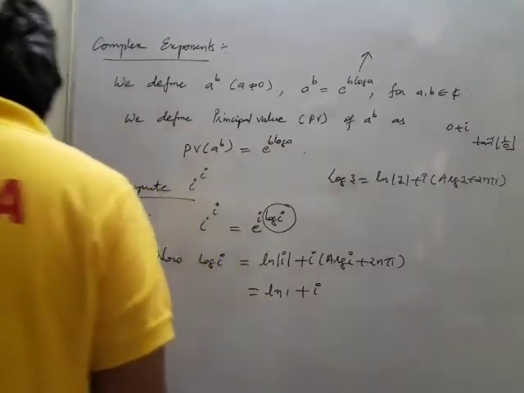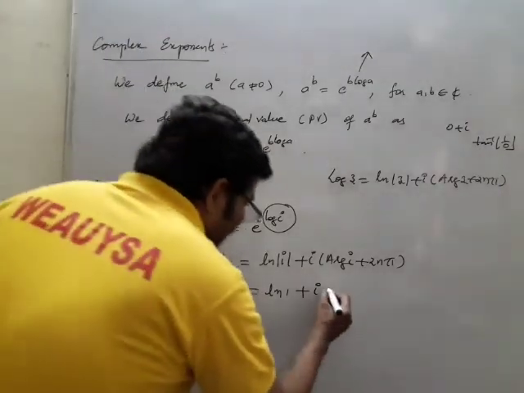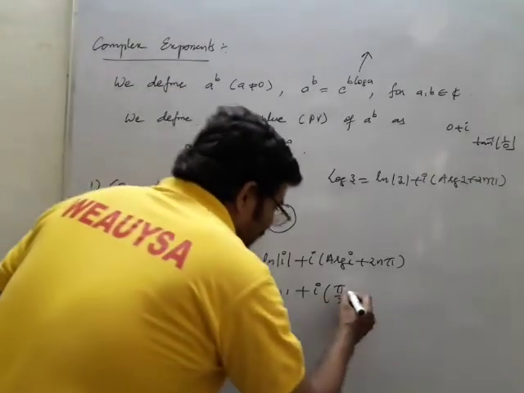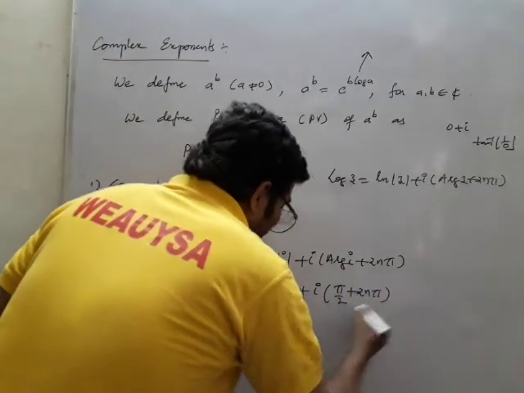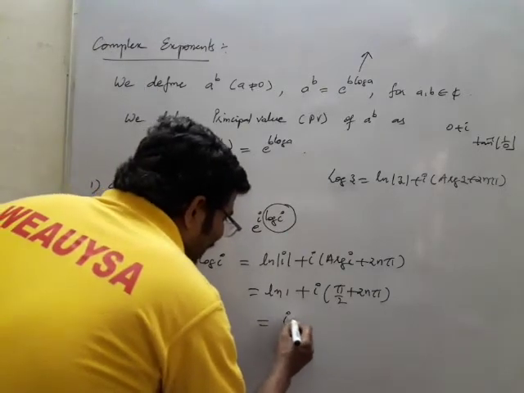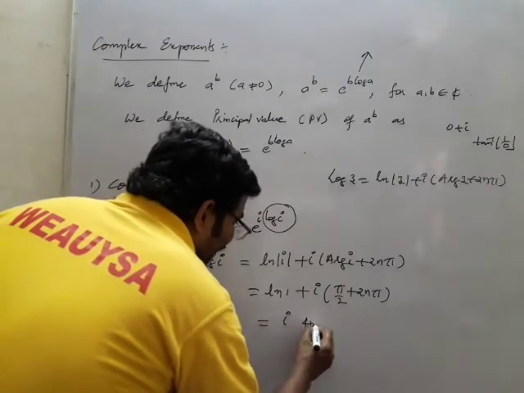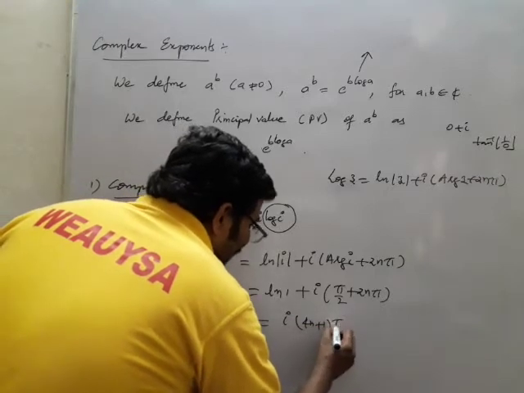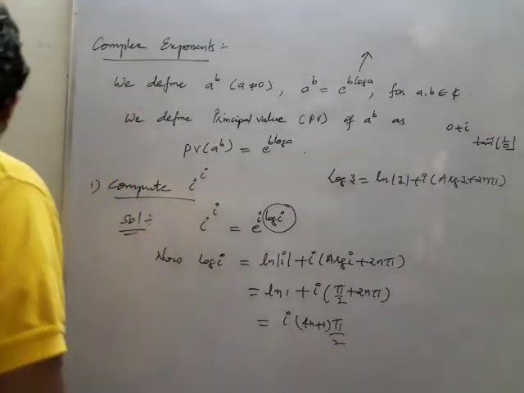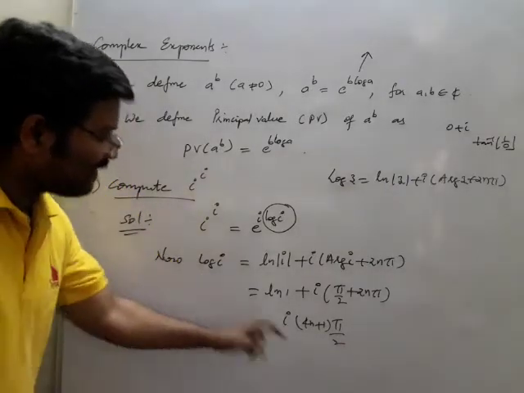So you will get pi by 2 plus 2n pi. Log 1 is always 0. So you will get i into (4n plus 1) pi by 2. You got log i as this.